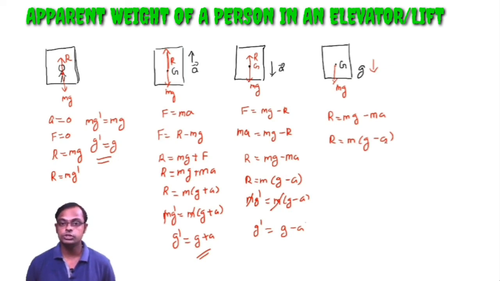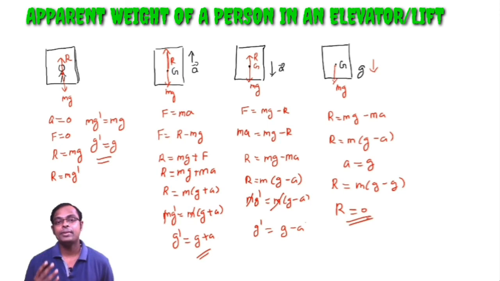That is equal to g, acceleration due to gravity. So we can write the apparent weight R is equal to m into (g minus g), that is R is equal to 0. That means the apparent weight of the person is equal to 0. That means the person now feels weightlessness.